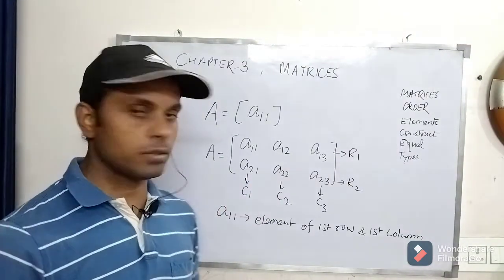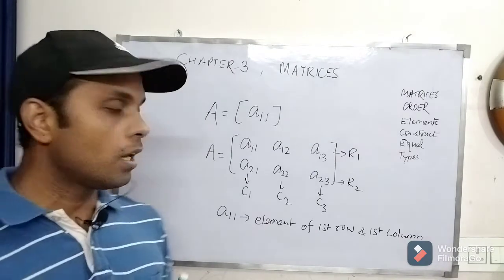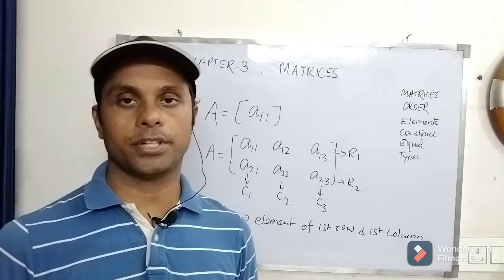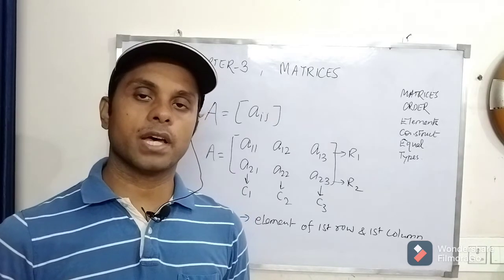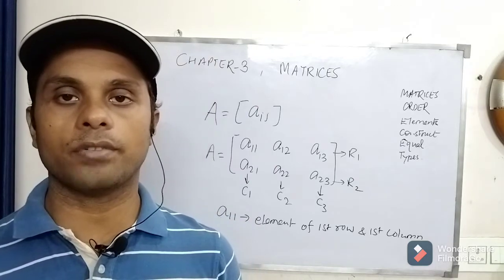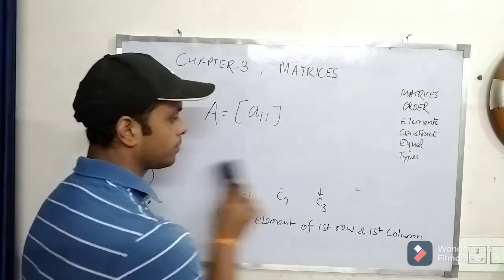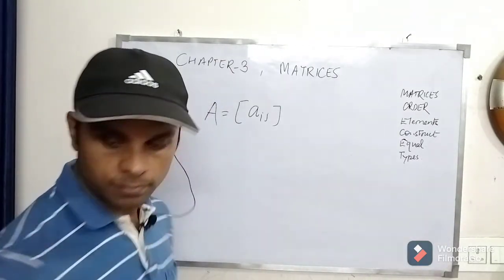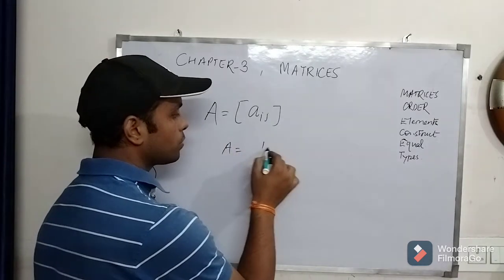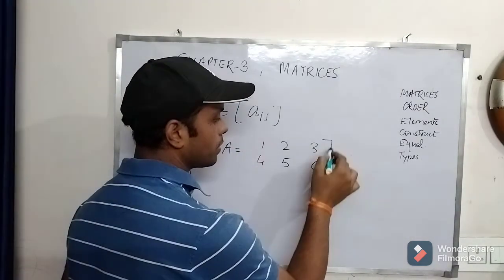अब arrangement, after arrangement, okay, what is order of a matrix? What is order of a matrix? A matrix having m rows and n columns is called of order m by n. Suppose a matrix A equals 1 2 3 4 5 6.